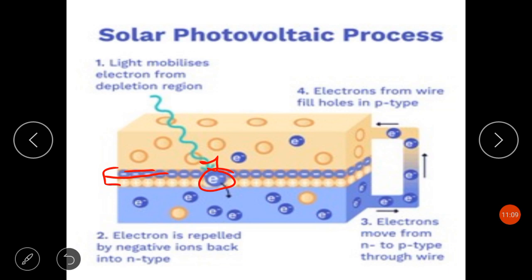The negative electric field created by the ions in the depletion region pushes the electron towards the n-type side. Now there is an additional hole in the p-side region, and this hole wants to be filled. So an electron takes the back door through the wire or circuit to fill that space.